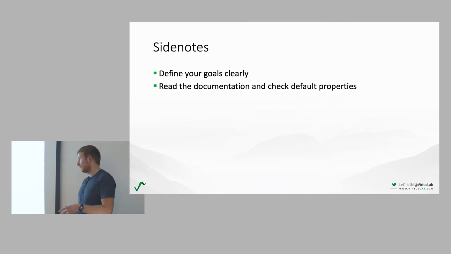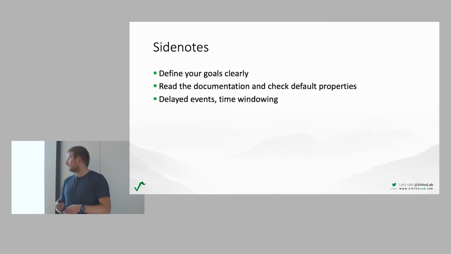Read the documentation and check defaults, because if you don't, it can hurt, and it happened to us. Consider delayed events, because this is a distributed system. Your client or application sending these events may be lagging, and events may come with some delay. So you need to know what to do about them.